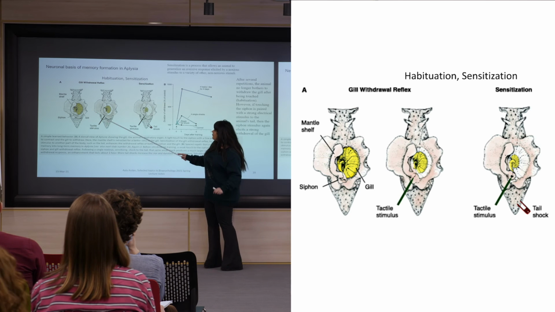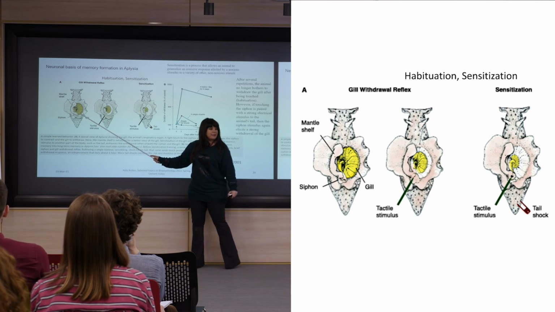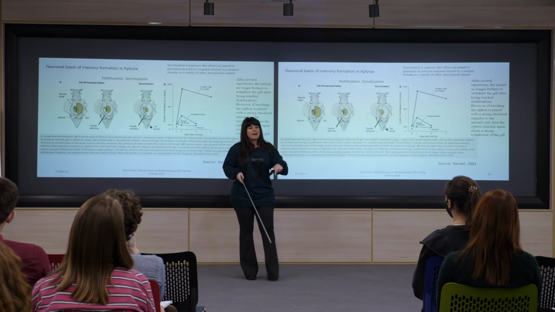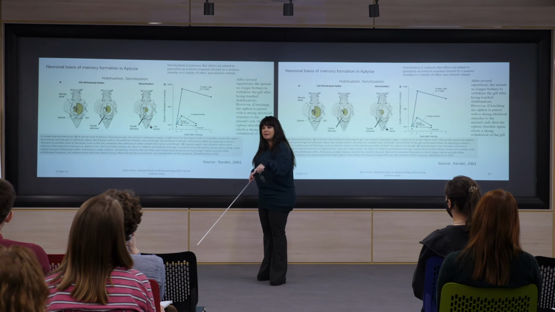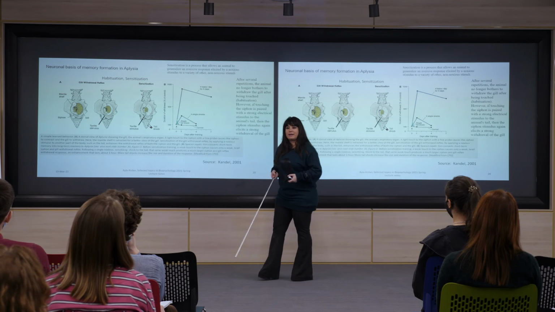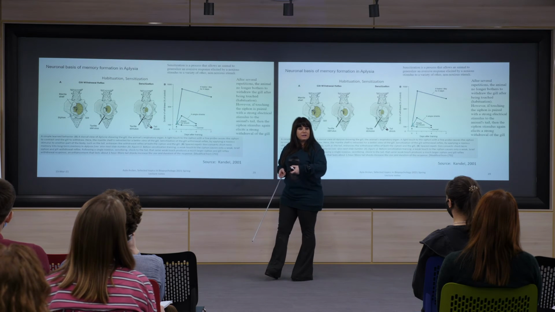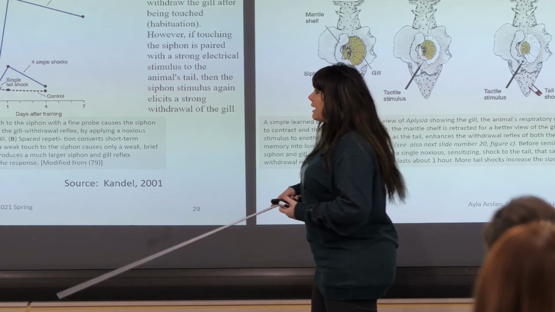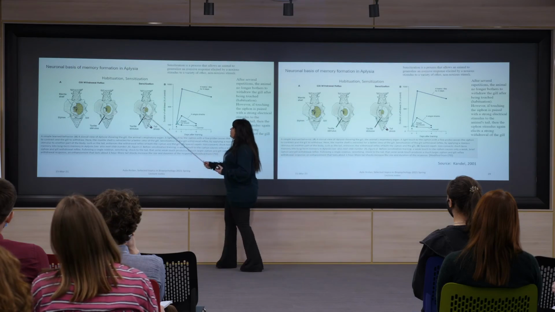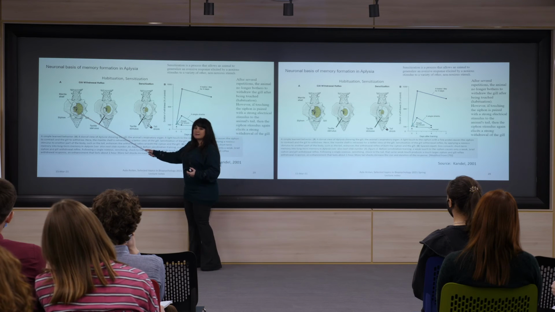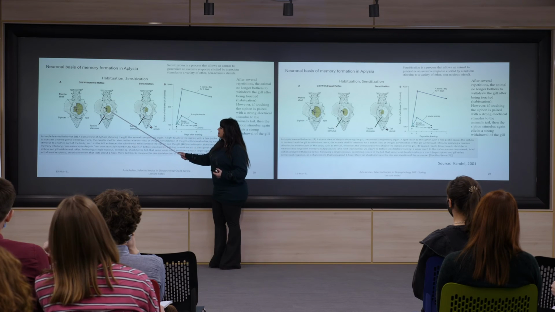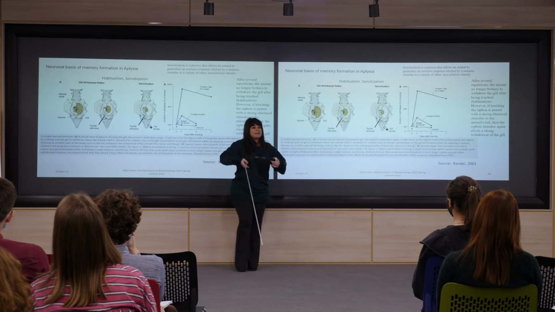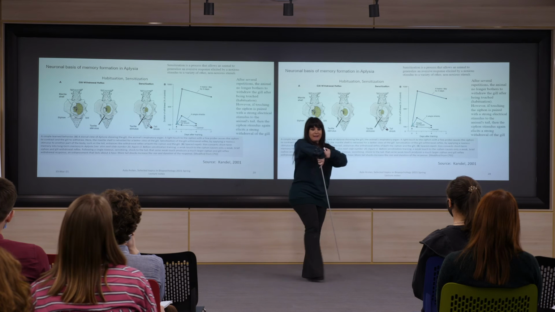For example, if you stimulate the siphon with a physical, tactile stimulus, or you can just make a water pressure, that is sensed as a threat by the animal, and the animal is going to withdraw. Look, this is the first stage, and this is the second stage after the tactile stimulus. The animal is going to withdraw its gill and close itself.